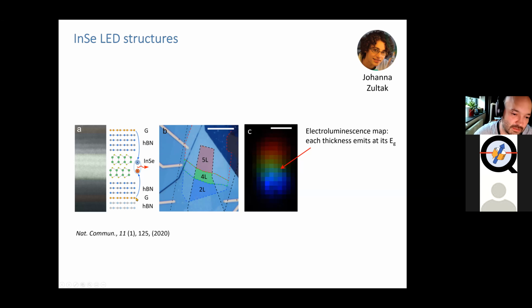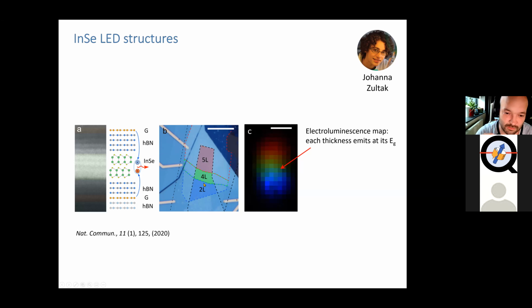And if you bias the graphene layers sufficiently, you can actually inject an electron into the conduction band and a hole into the valence band at the same time. And they would recombine in the indium selenide and emit light.